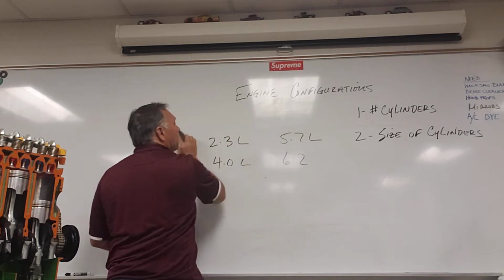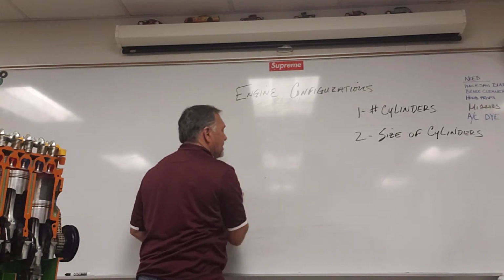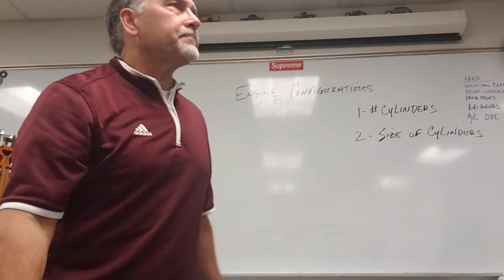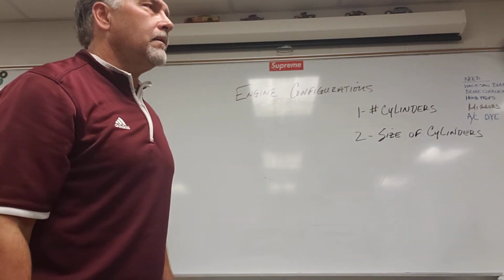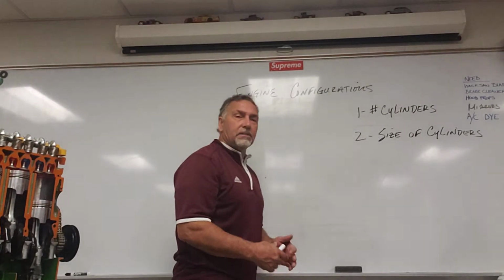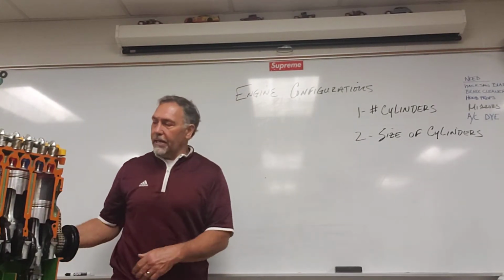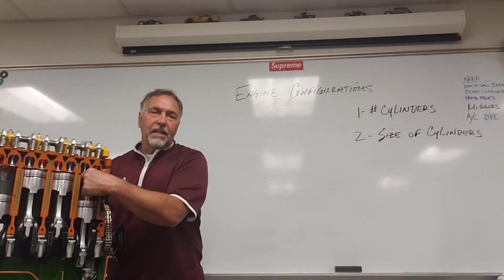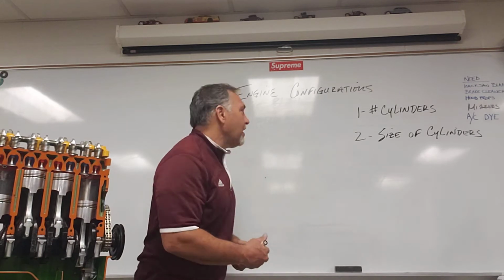So what is the equation, or what are the factors they use to determine the engine size? Well, we talked about that before. We need to find the area of a cylinder.